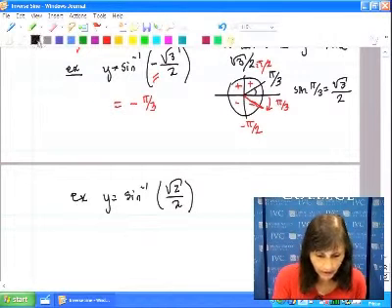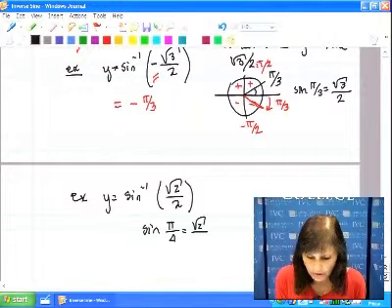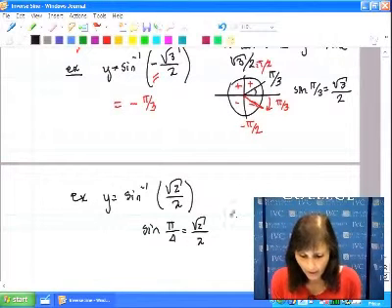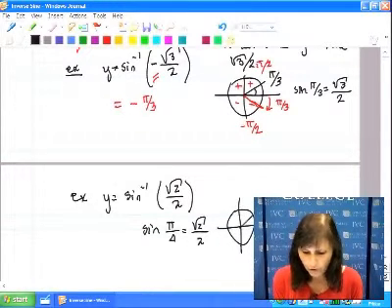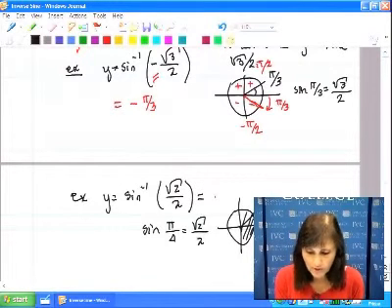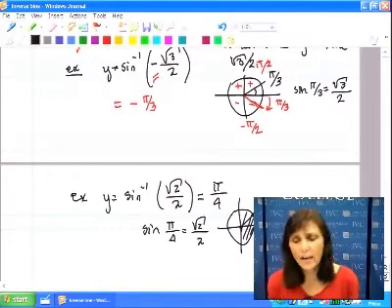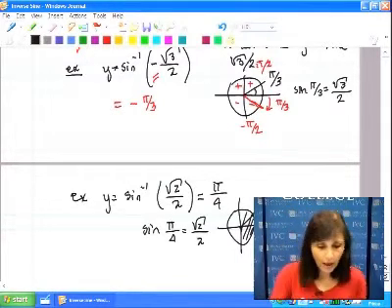I know that sine of 45 degrees is rad 2 over 2. And since I have no problem with the negative, and 45 degrees is in this region, the answer is simply pi over 4.